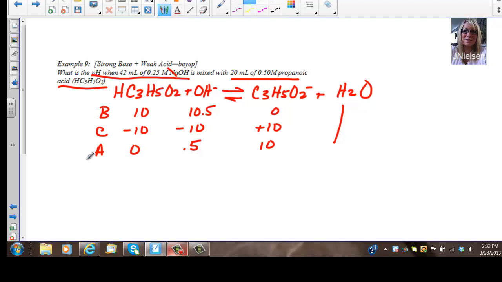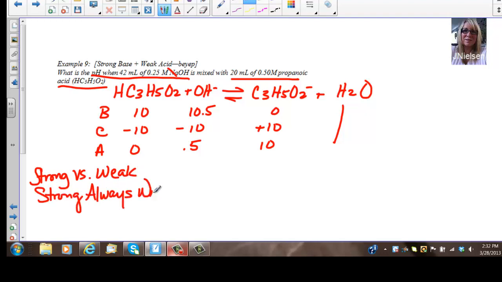So what we have to remember here is strong versus weak. Strong always wins. So I don't have to do anything because all I know is that the concentration of my OH minus is going to be equal to molarity equals moles over liters.